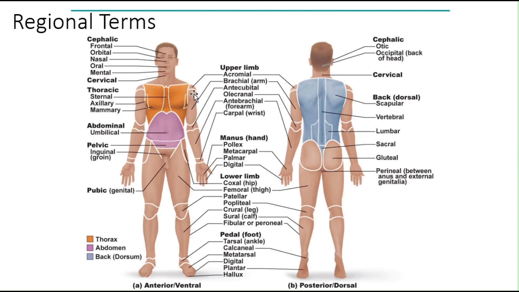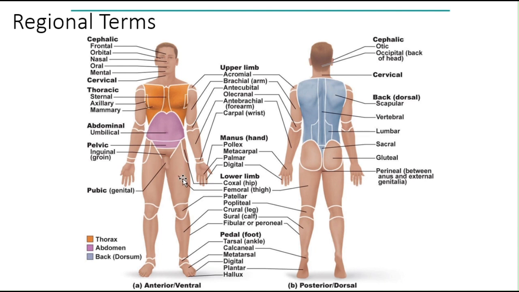The upper limb, we have acromion, we have the brachial or arm region, we have the antebrachial or forearm, the wrist is called carpal, and we have metacarpal and phalangeal.